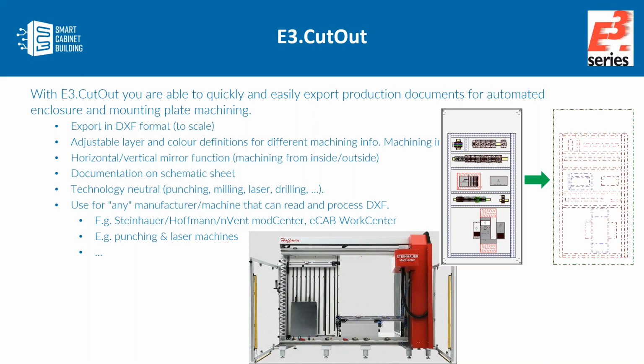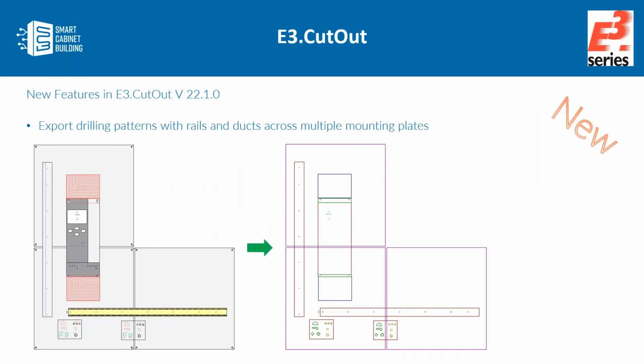So this is a neutral format. It is adjustable with the layers, so you can export individual design to the layers the machine needs. And one of the new features is that we now have full support of multiple mounting plates.